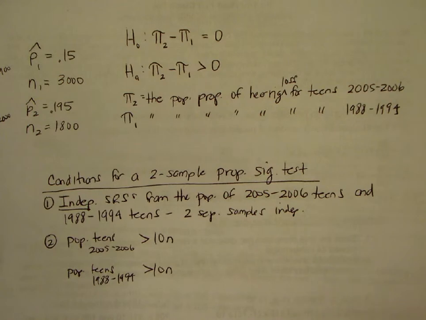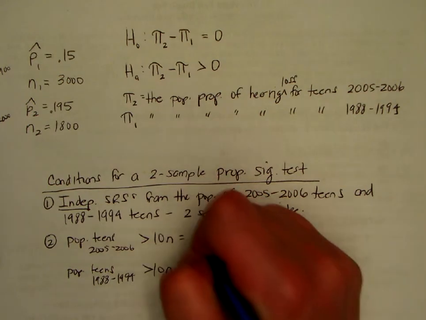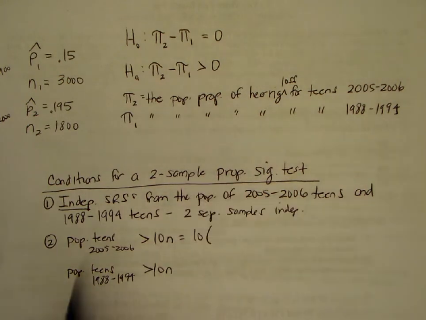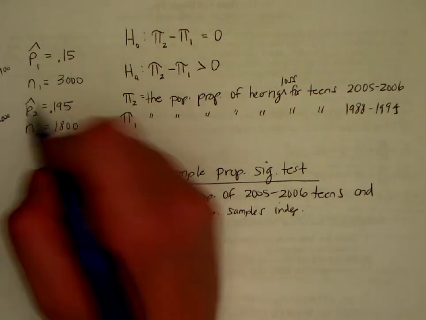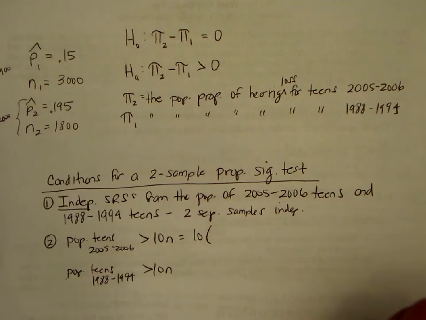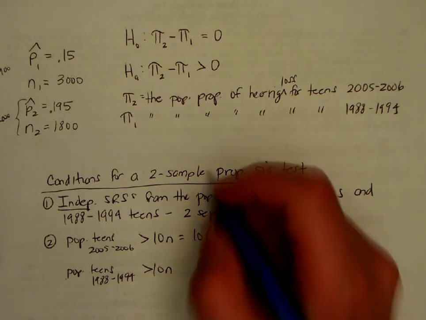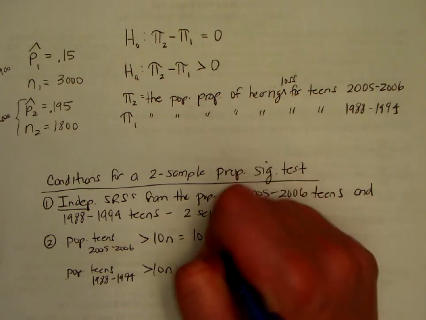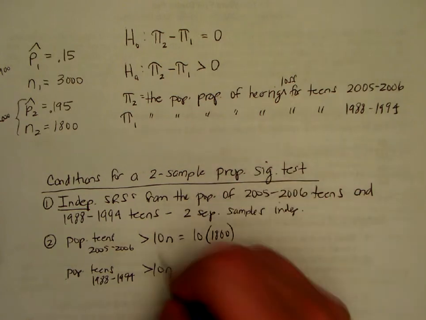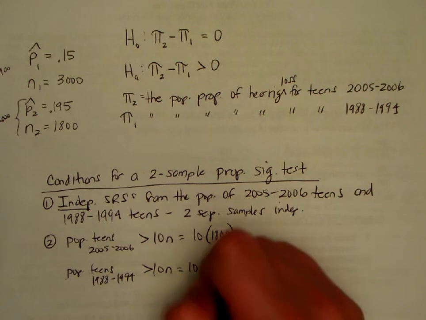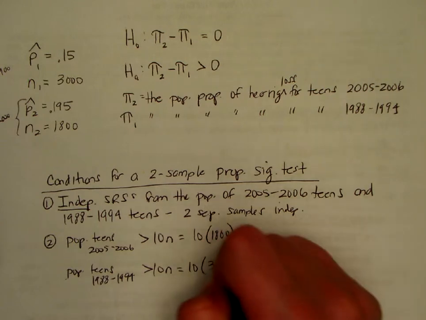So yay, we have to do everything twice. Now, remember, my 2000s is actually down right here. That's P2, because I did larger minus smaller. So that's 10 times 1,800, and then this is 10 times 3,000.